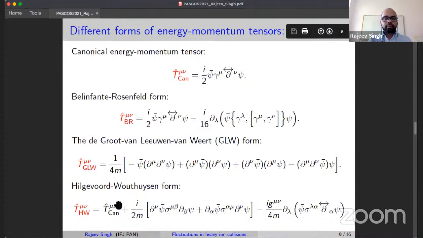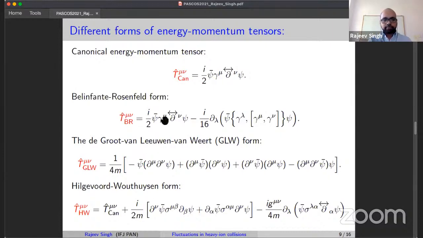I have taken these three particular choices because in heavy-ion physics they are used very much, since we also have spin polarization, which is closely related. That is important to understand the spin polarization of lambda hyperons, but that is a different story.